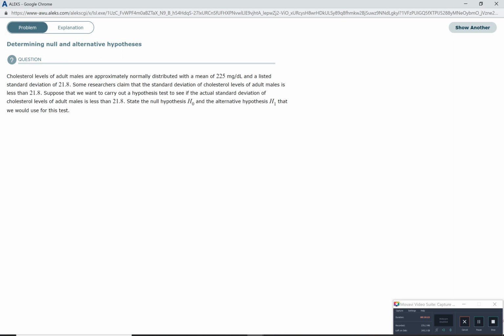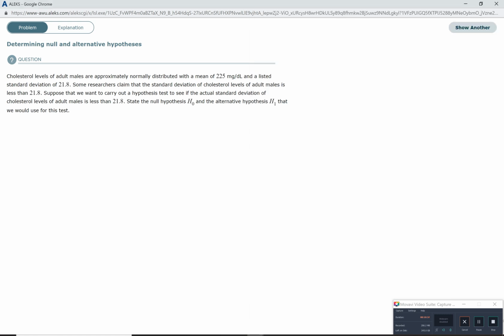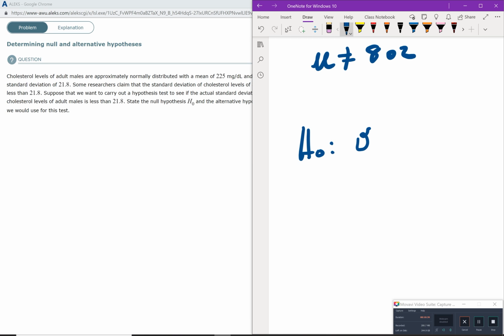Again, so they're telling you that sigma, so the null hypothesis is that sigma, did they say sample? They didn't really specify it either way. I'm just going to go with sigma is equal to 21.8. Remember, if it's a sample, usually they'll use s of x, and if it's a population, they're going to use sigma.